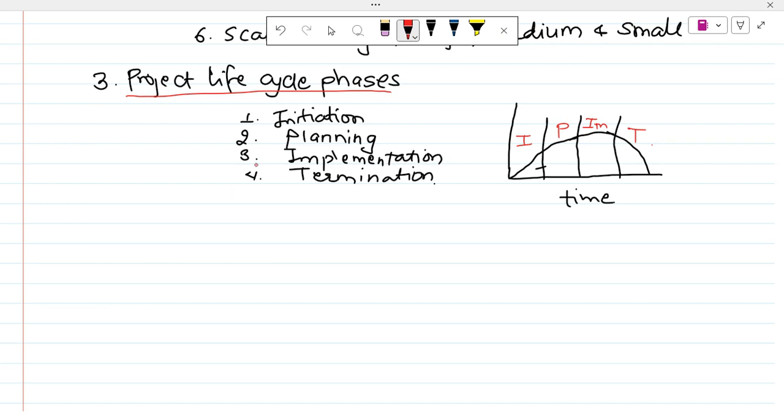Let us take an example of a hydropower project. In phase one, initiation, the project requires certain tasks, like selection of the project. For the initiation, the project should be selected based on long term objectives. The SWOT analysis should be done: strength, weakness, opportunity, and threat analysis.